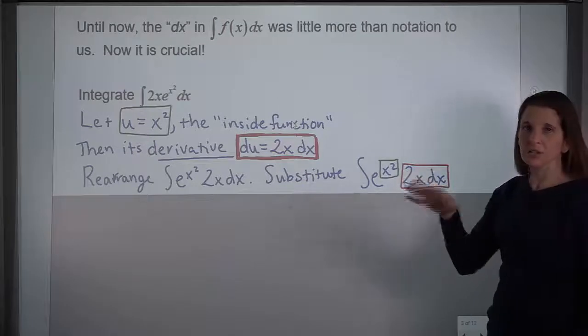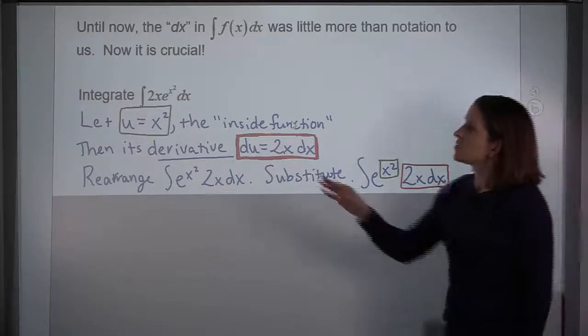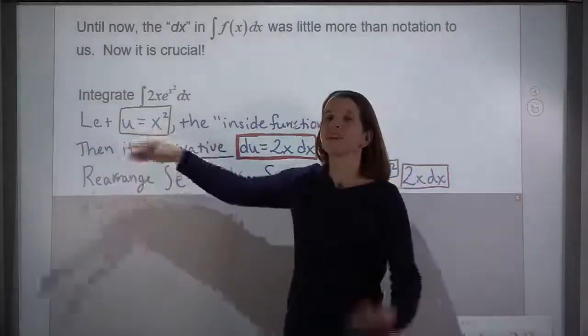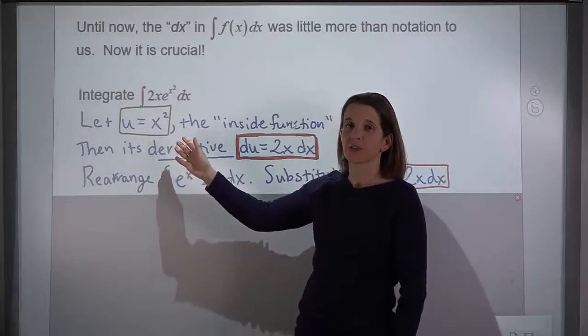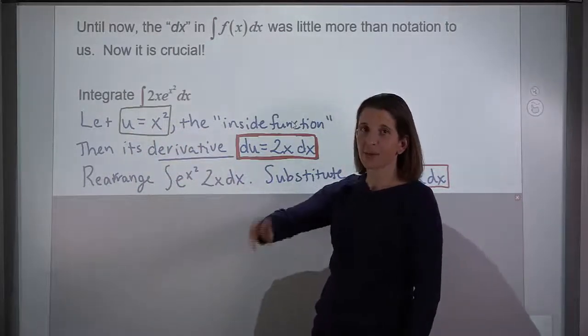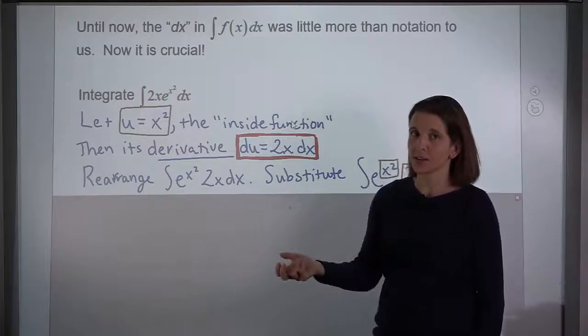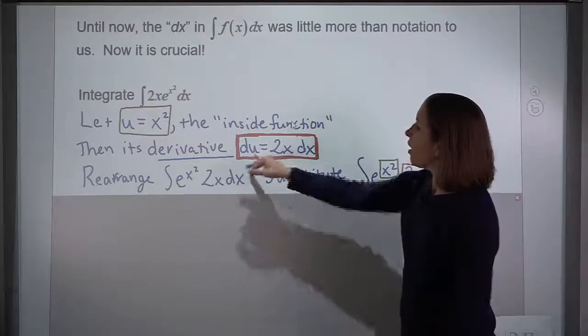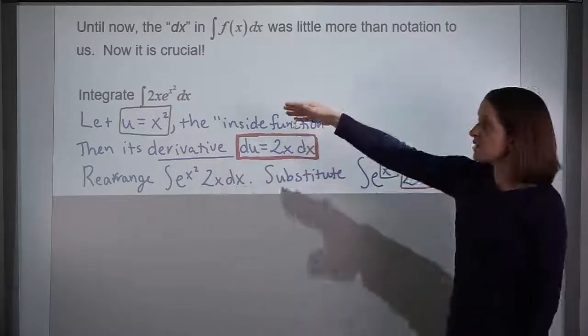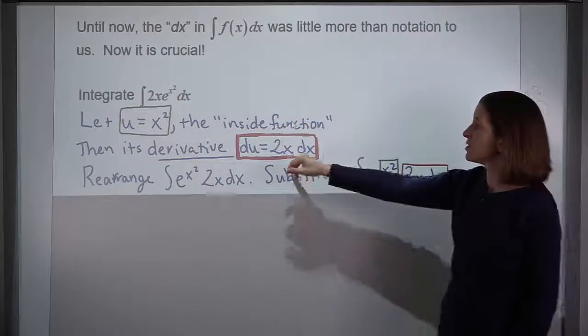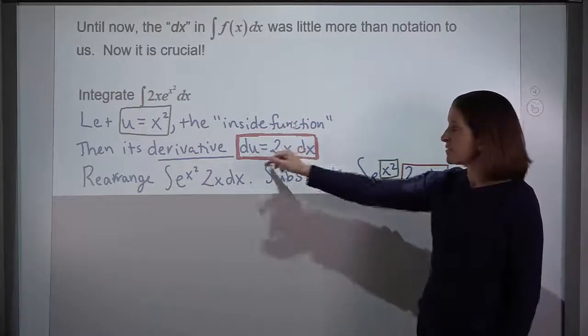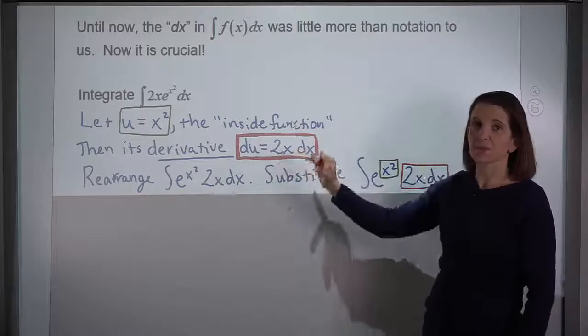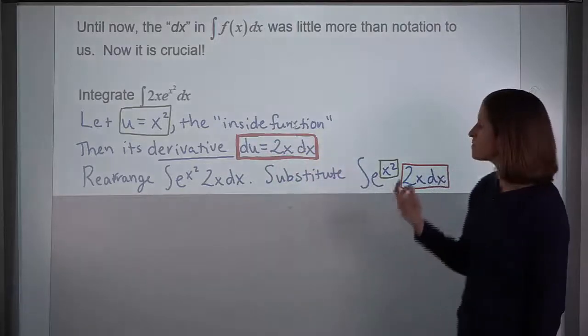And I've color-coded things for you throughout. So this was my u. It is a fact that u is equal to x squared. So I can substitute at any time x squared in for u or u in for x squared, and we will do both. Also, it is a fact that given that u, its derivative du is 2x dx. That means if they are equal, I can replace one with the other all day long, and it's fine.